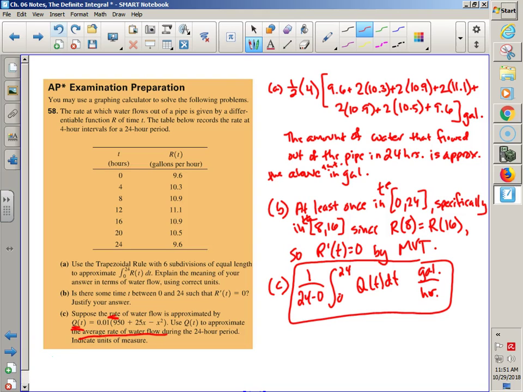So are Q of t and R the same thing? Or is Q of t bigger? Well, it says approximated by. So this is just a table. There is no specific function necessarily attached to this. Does that make sense?